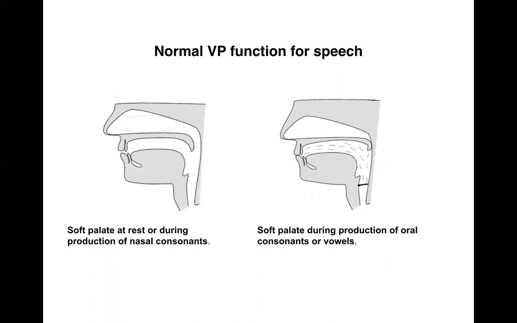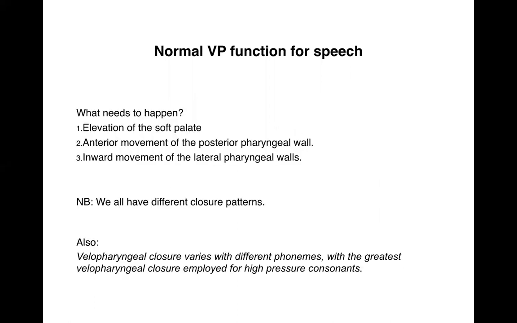And I've just given you some diagrams there just to remind us of the normal velopharyngeal function for speech, where the soft palate makes that closure with the posterior pharyngeal wall during the production of oral consonants or vowels. I've just given you a reminder there of what needs to happen in normal velopharyngeal function, and you can take time to read through all of that later.